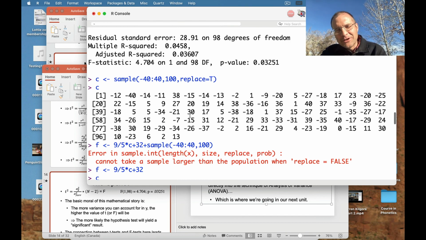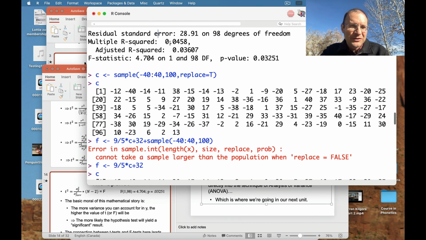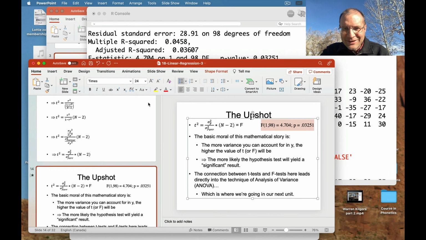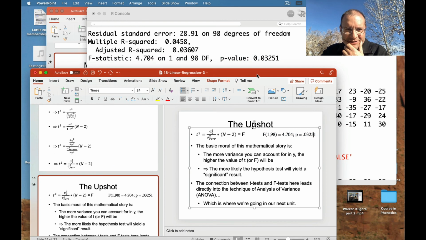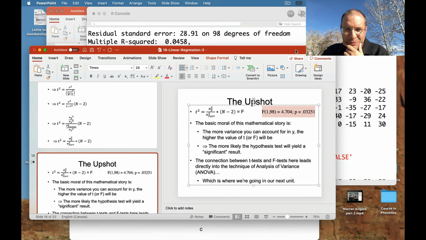So that's the conclusion you draw in this case. And then you could also acknowledge that this is a pretty small effect size, but it's there. Something's going on just through random chance in this particular case. I'm not going to say anything further about that, but I will say the F statistic tests that value of R-squared, whether it's significant or not, and this is how you report it. So that may be of some use to you if you do the homeworks later on.